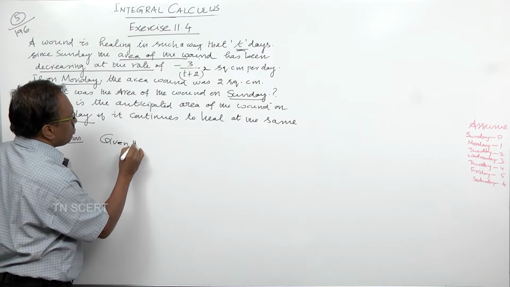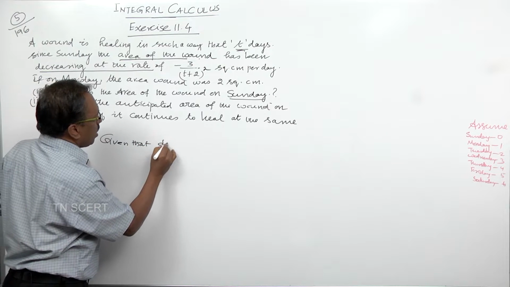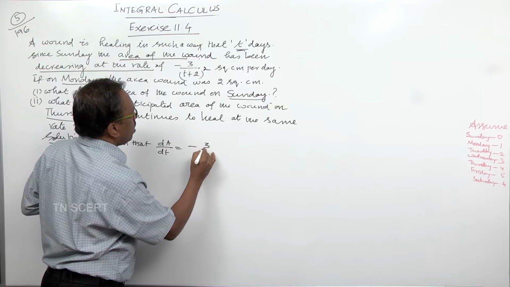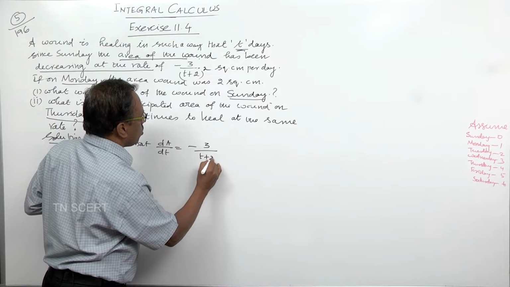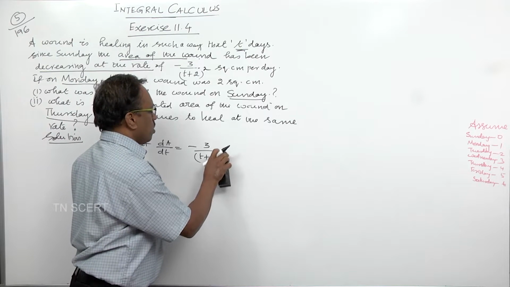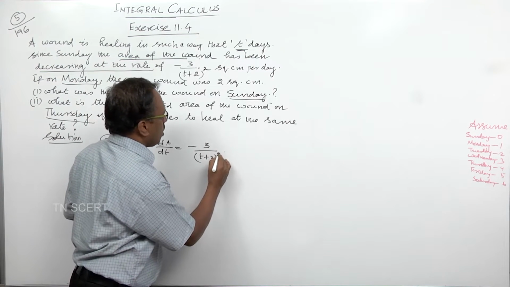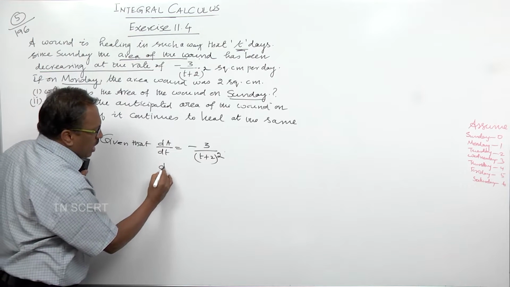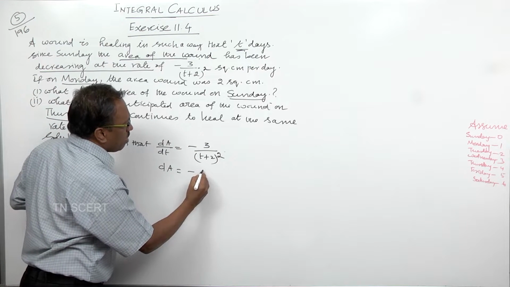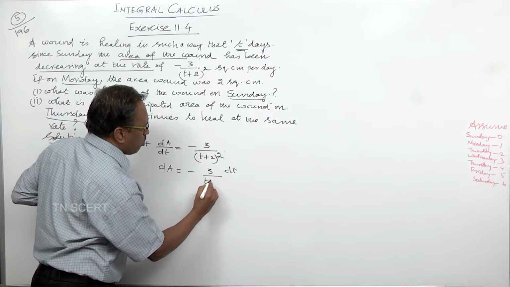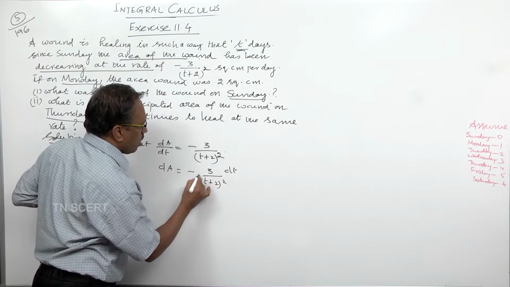Given that dA by dt is equal to negative 3 by (t plus 2) whole square. Sorry, whole square. So you cross multiply: dA is equal to negative 3 dt by (t plus 2) whole square.